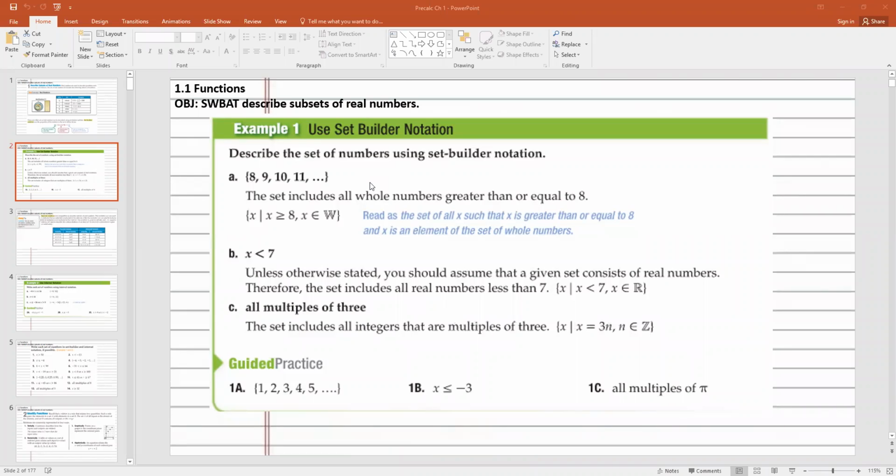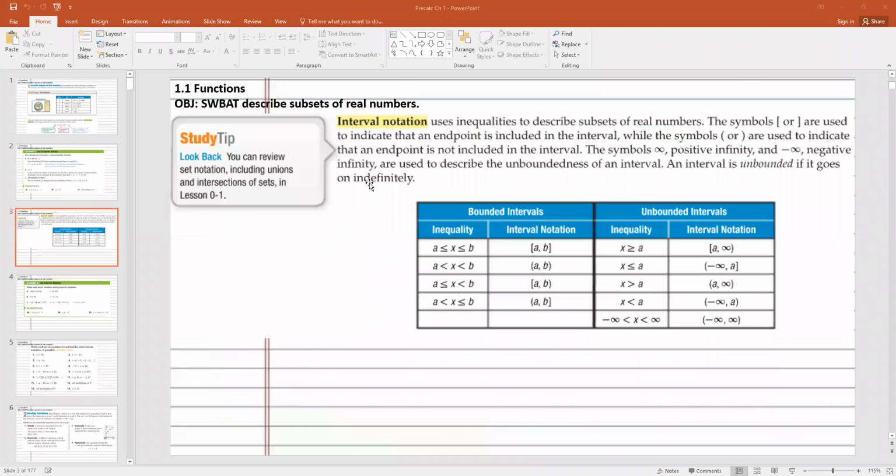And here's some examples. And then we're going to look at interval notation as well. So interval notation is kind of smaller. You just have an interval from one number to another. And you're either going to have the rounded parentheses, or you're going to have brackets, or you can have a combination of both.